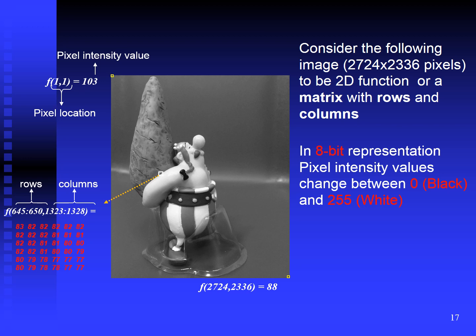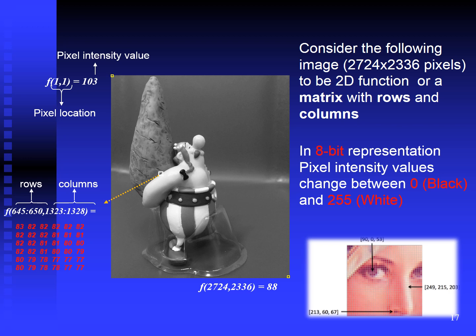This is also a neighborhood of pixels, a 7 cross 7 neighborhood. A color image also has, as I already told you, three different shades of red, green, blue, between 0 and 255. You can see at the top 90 for red, 0 for black, red, green, and 53 for white.